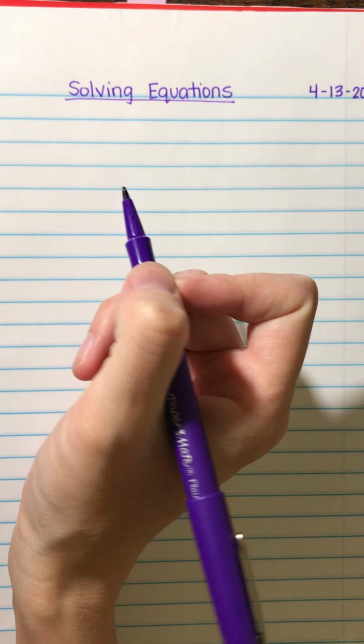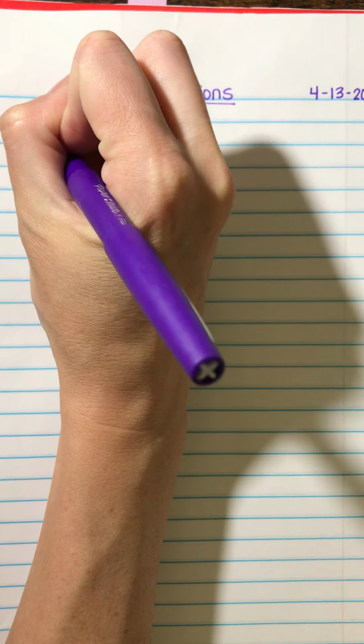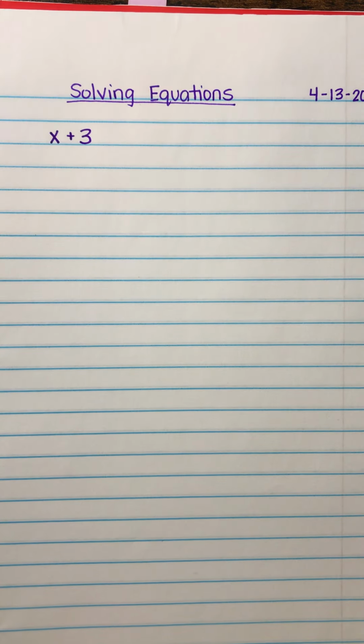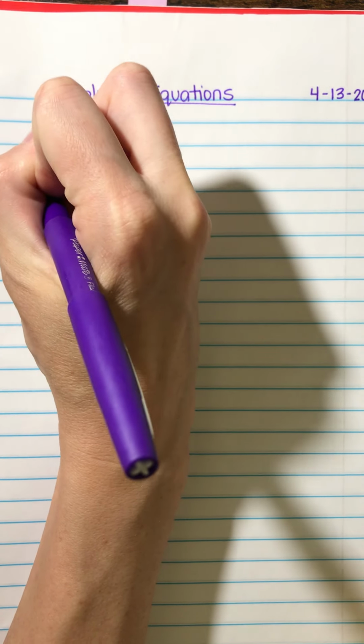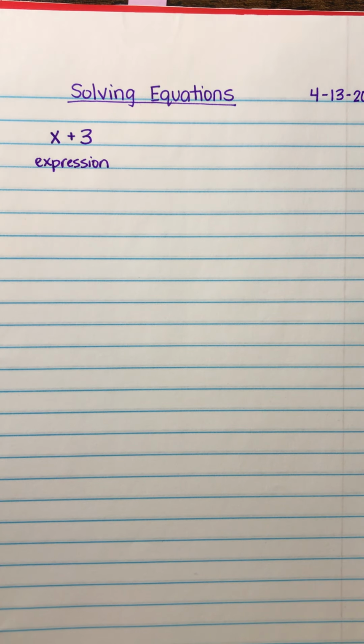I'm going to start you off with just a reminder of what an expression looks like. An expression might be a problem like x plus 3, so a math problem with no answer. Today we're going to be adding on to an expression and making it into an equation.